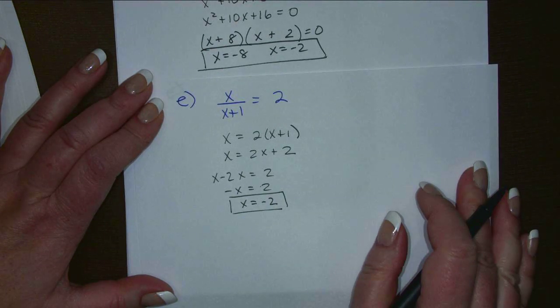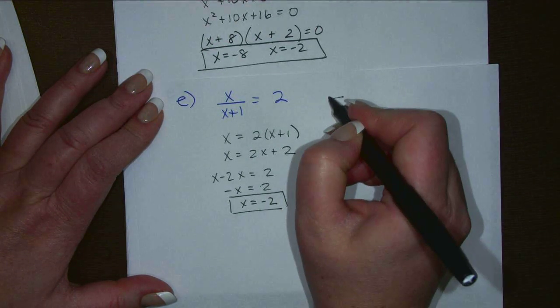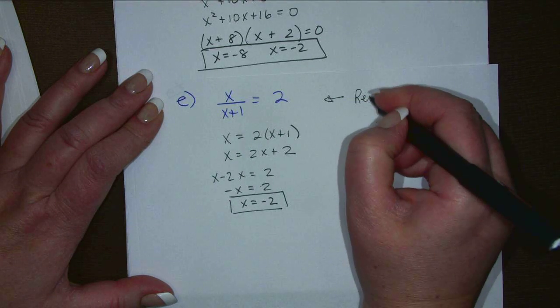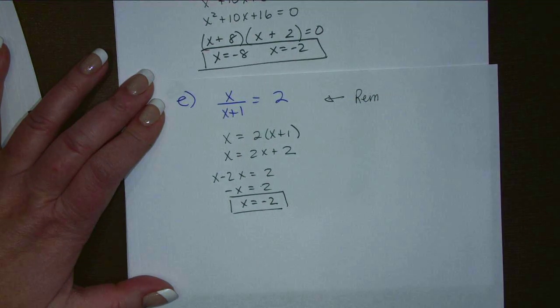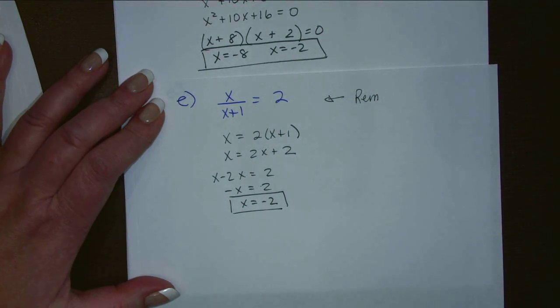And you just have to sort of remember that there could be restrictions, and I could just ask for restrictions as well. I could give a fraction and say, what are the restrictions on this, and not even ask you to do anything else. That would be a legitimate question, like for 1 point. So what do we need to remember here?